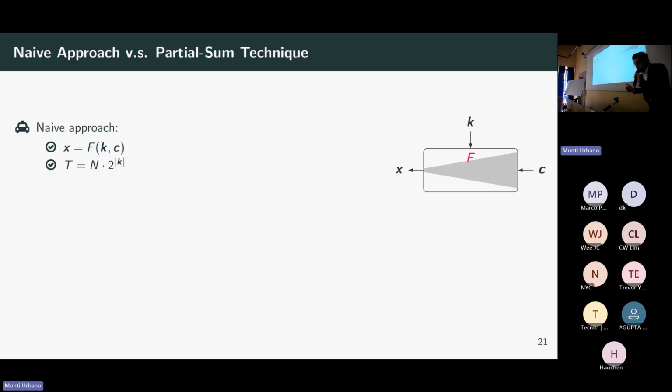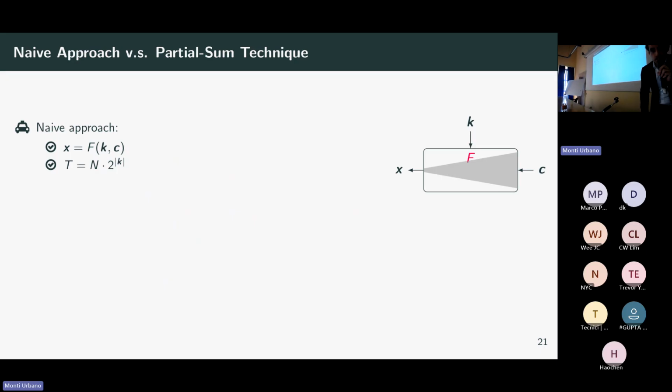But before I explain our model, I have to explain the partial sum technique, which is the most common technique in key recovery of integral attacks and zero correlation attacks. Then I will tell you how we model this partial sum technique, and we put it together with our model for distinguishers to find a complete package, to find a complete attack.